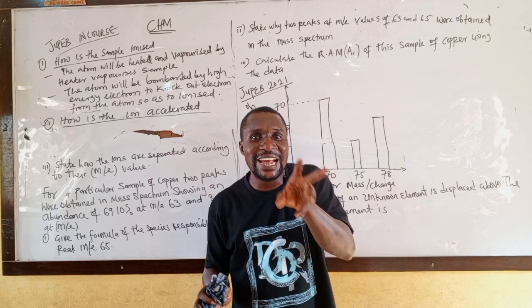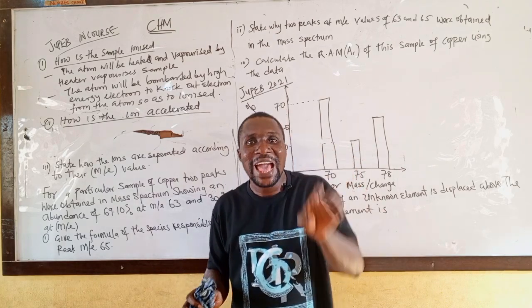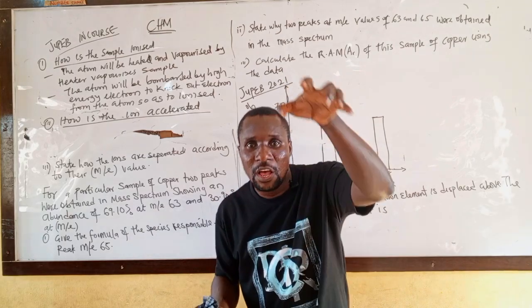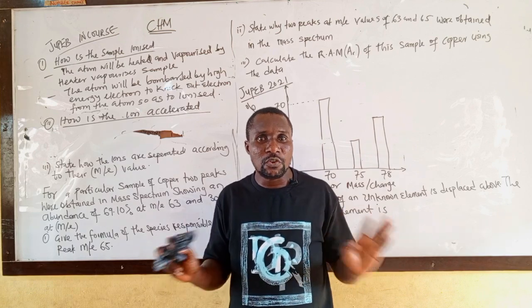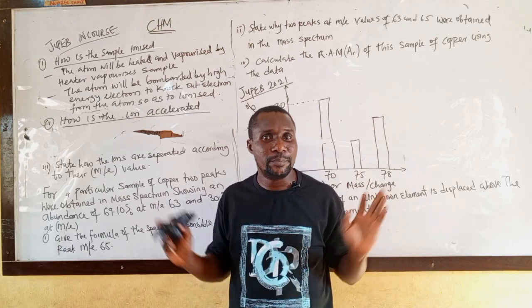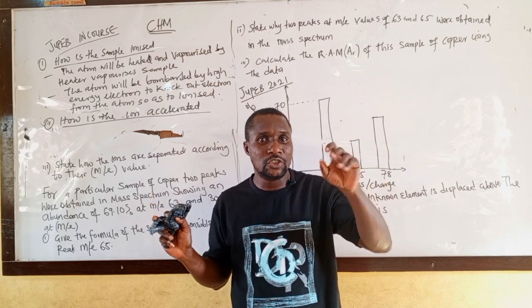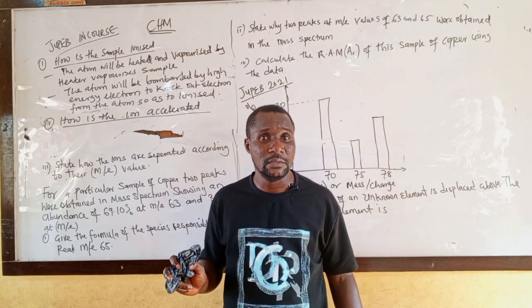Then the acceleration will be controlled by adjusting the charge on the plate. To increase the acceleration, adjust the charge on the plate. To reduce it, you adjust the charge on the plate.